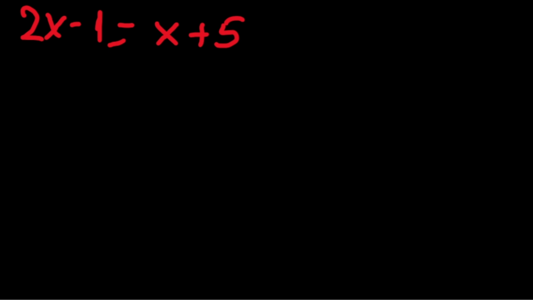Okay, I guess you're ready. Let's try and solve. We have here a minus 1, so we're going to write a plus 1. We write there plus 1, and we do here the same.